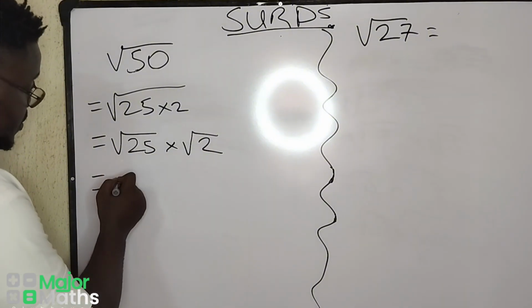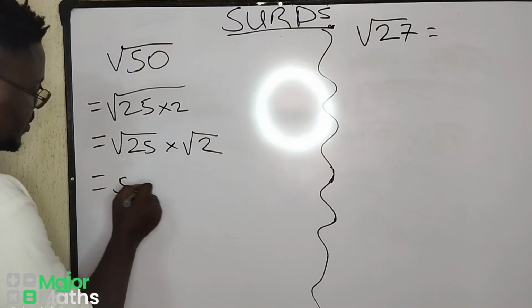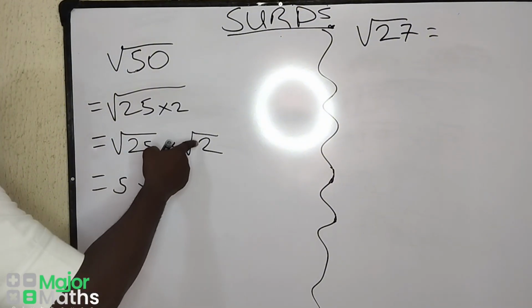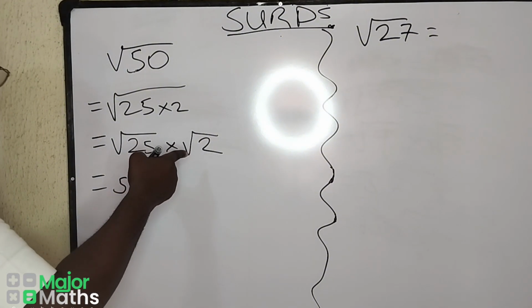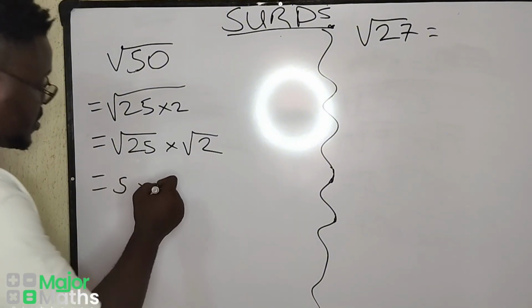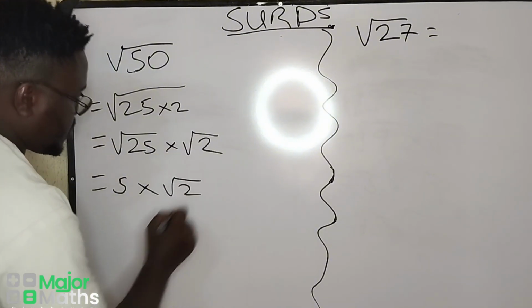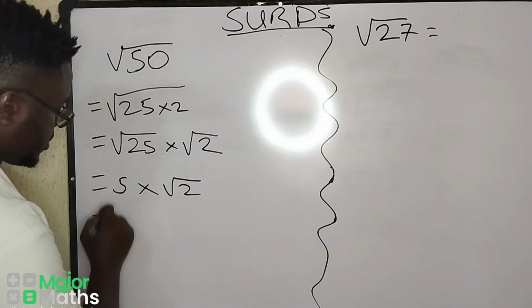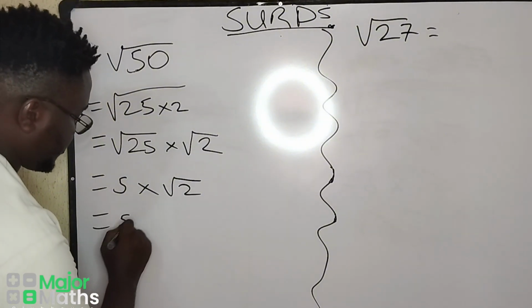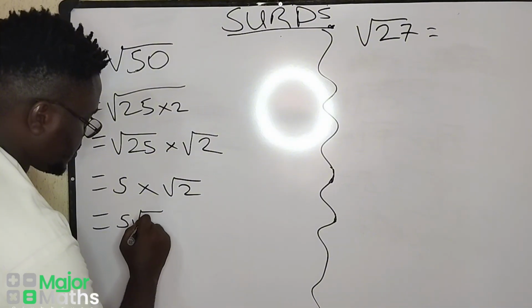So the root 25 will be 5. This cannot be broken down perfectly, so we'll bring it down here as root 2. Then 5 times root 2 will give you 5 root 2.